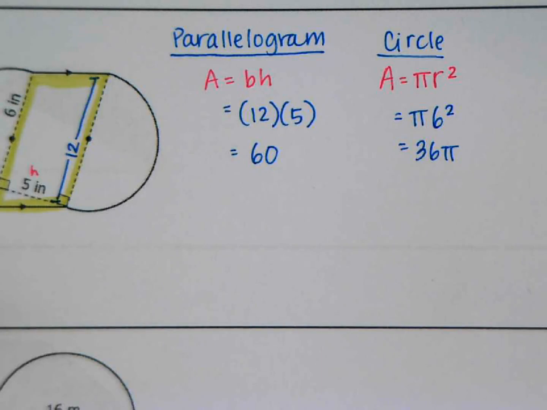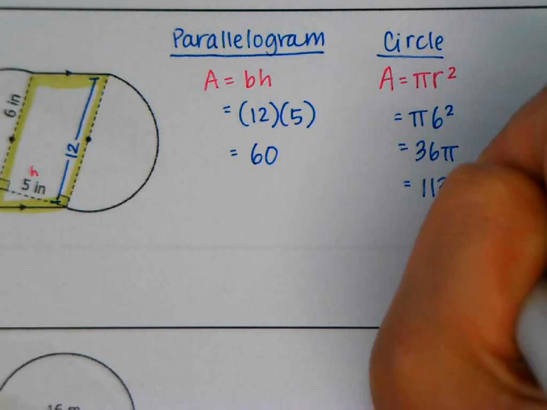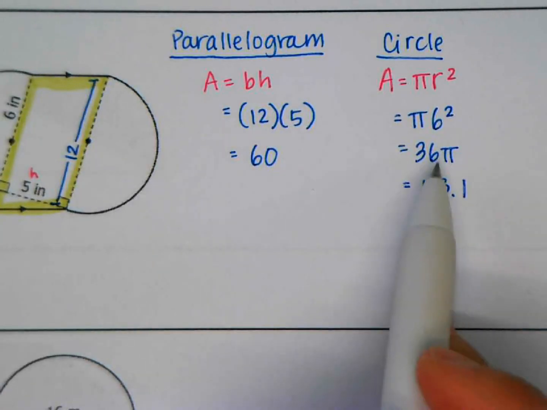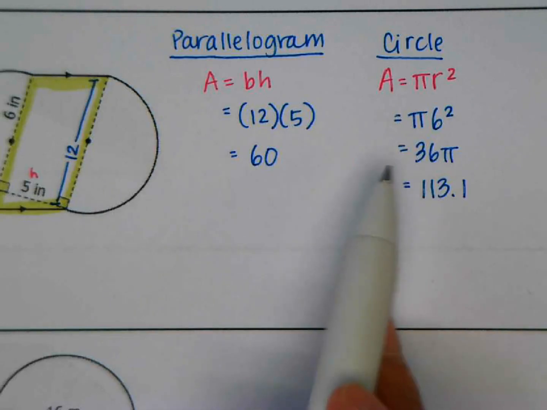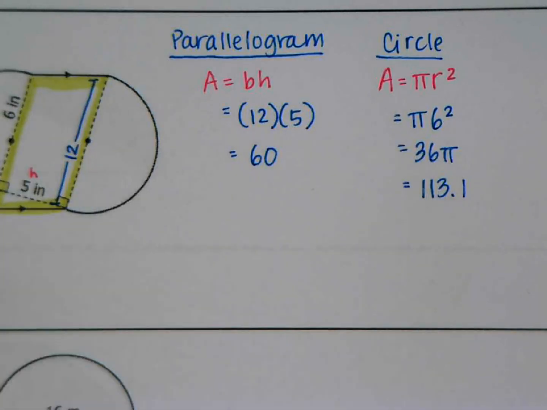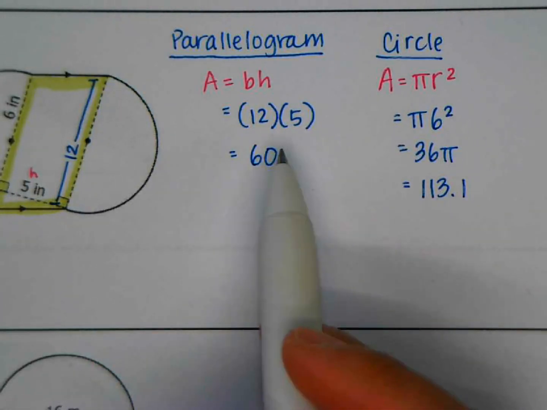You can go ahead and round it here. That's fine. I do have students who like to save the pi until the very end. They do 60 plus 36 pi. That way they don't have to round it twice. So it's up to you. But you don't technically have to round it again if you just add these two. It just comes out as is.